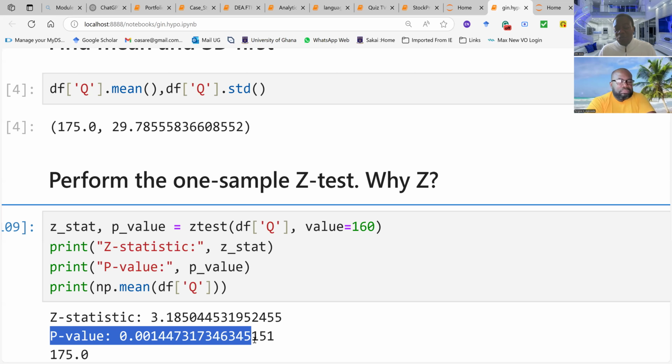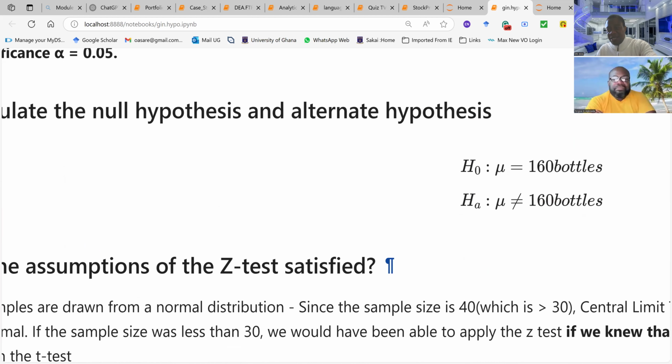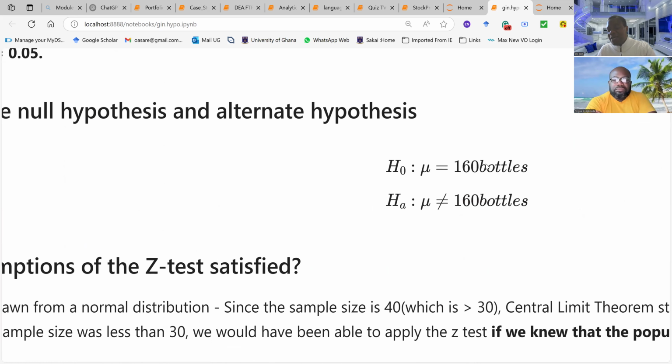So our conclusion would be that since the p-value is less than the 5% significance level, we have enough gravitas to reject the null hypothesis. What did the null say? Go back and look at what the null said. The null says that the mean is the same as the national average. The national average is 160. Now we are rejecting the null hypothesis and conclude that the mean quantity demanded of the bottles from these shops is significantly different.